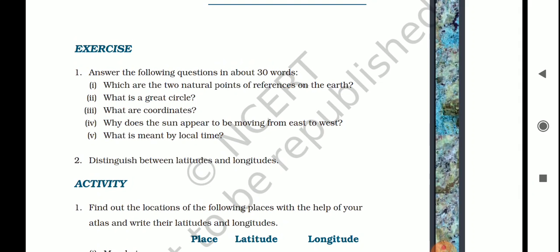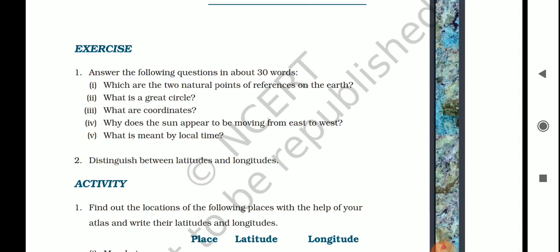And the last question is, distinguish between latitude and longitude. You have to define and differentiate between both longitude and latitude, which I have explained already in the chapter. If we talk about latitude, latitudes are the angular distance of points north or south of the equator as measured in degrees.